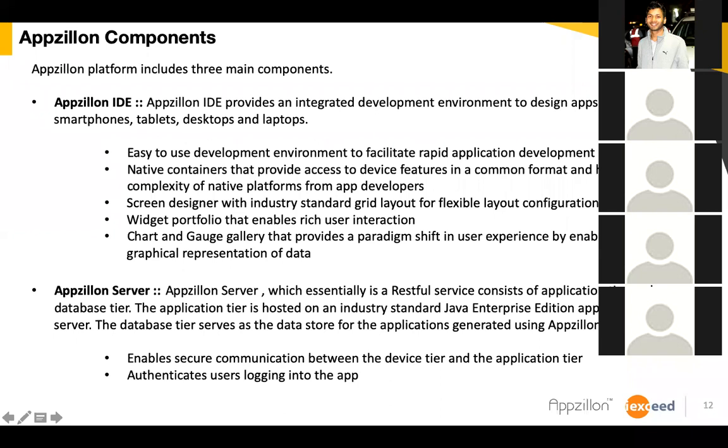Ashwin, Ravi here. Just one question. We've seen requirements where banks have said they would want, let's say we have an enterprise-level application which has many functionalities, but certain users should be able to access only certain features. So can I use this Appzillon IDE? Let's say I have an enterprise application with 10 features, but certain users in the bank need not access this particular application.